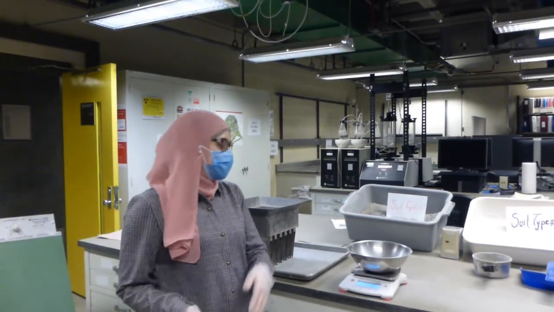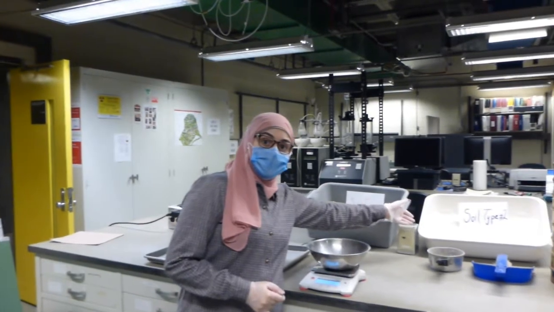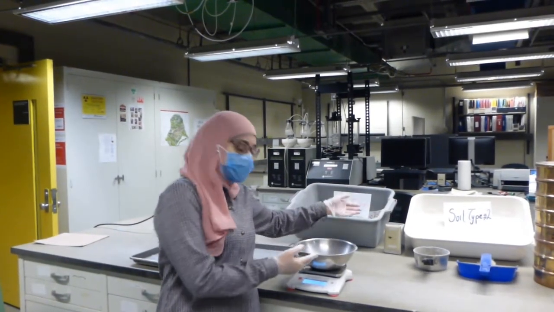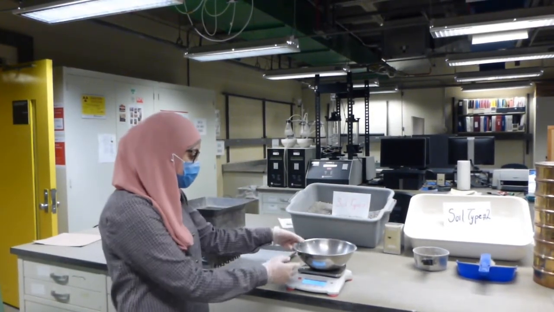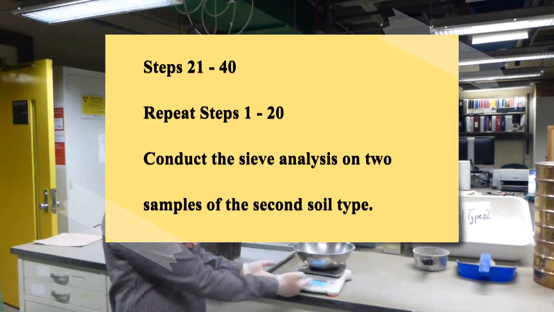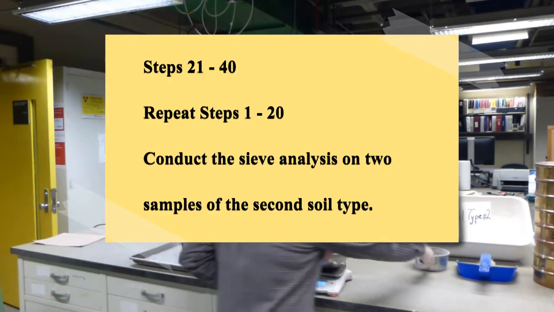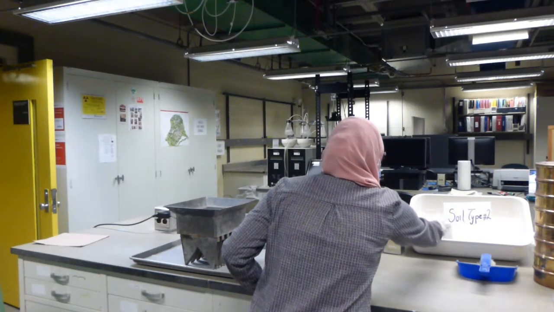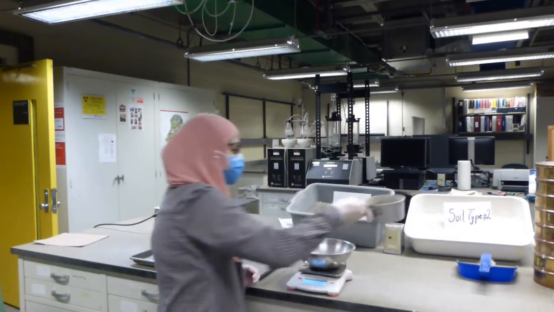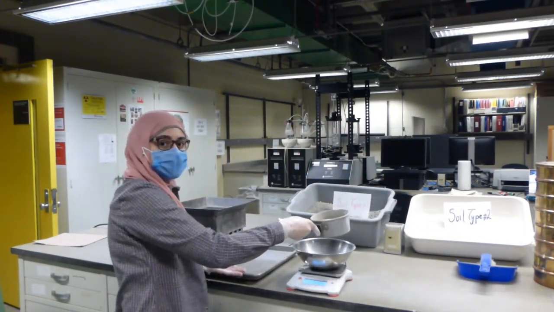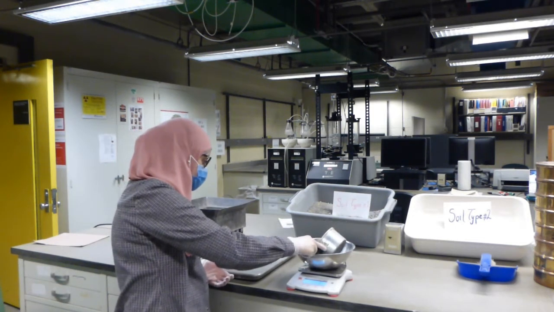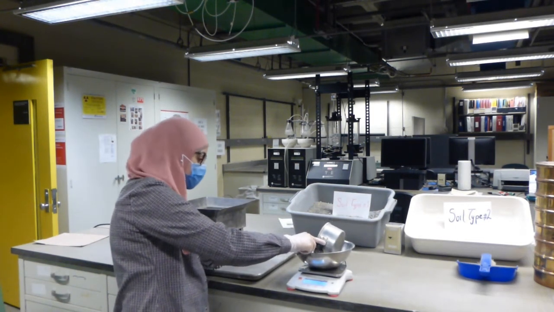Right now, we are going to move to soil type 2. We are going to take another 800 gram sample with the same procedure we did for soil type 1. First, we tare the scale so that we can pour the soil directly into the bowl. We'll be careful to avoid clouding of fines.